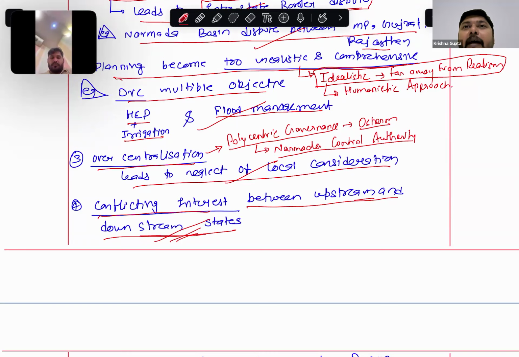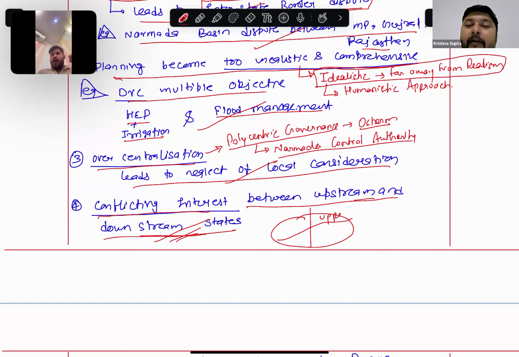Okay, so यहाँ पे हम लोग क्या देख रहे हैं कि there are different states. So here we'll be seeing that we have, for example, you have told about this is the river here. So this is the upper stream or upstream, and this is downstream.